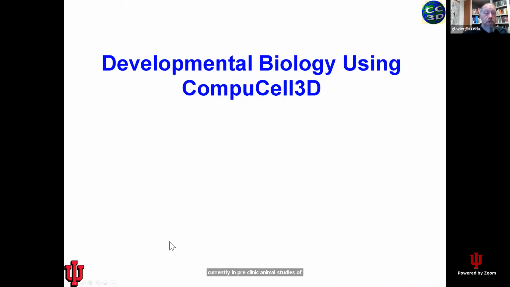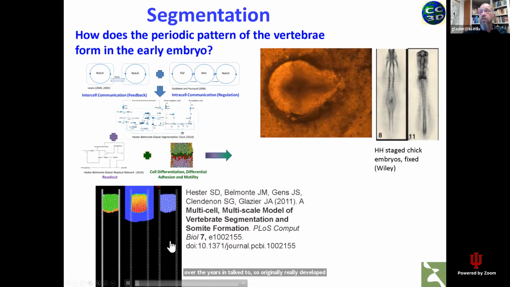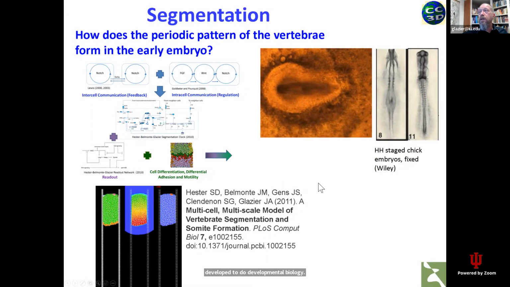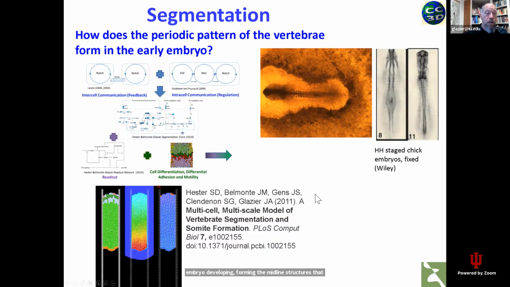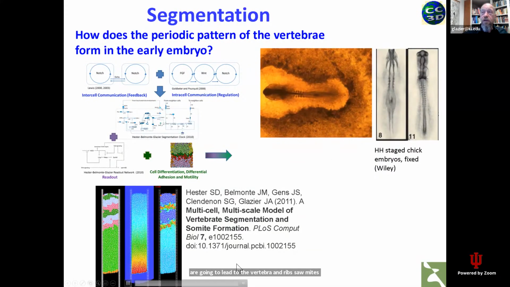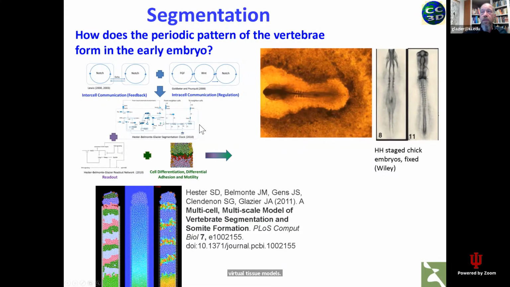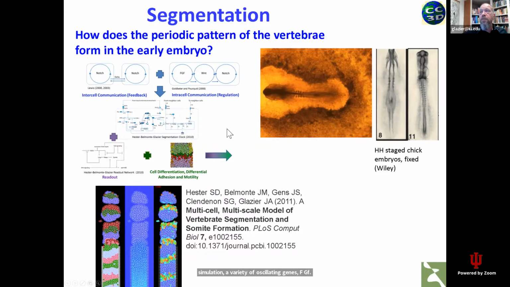We've done a lot of work over the years, and CompuCell was originally developed to do developmental biology. You've seen this picture before. This is a chicken embryo developing, forming the midline structures that are going to lead to the vertebra and ribs, the somites. You've seen this picture as a basis for understanding the multi-layer structure of virtual tissue models. In this case, we have a molecular clock simulation of a variety of oscillating genes: FGF, Wnt, and Notch oscillations.